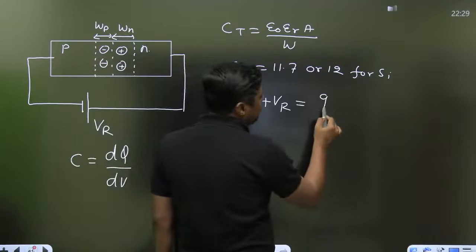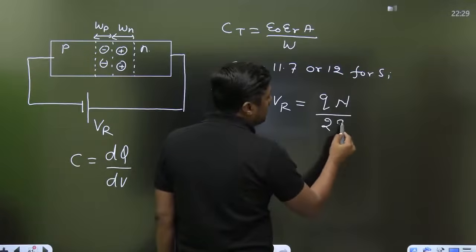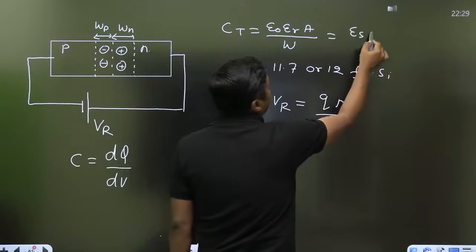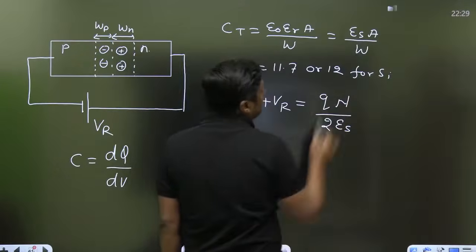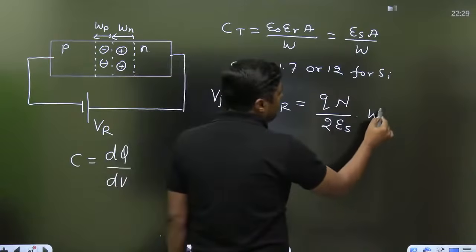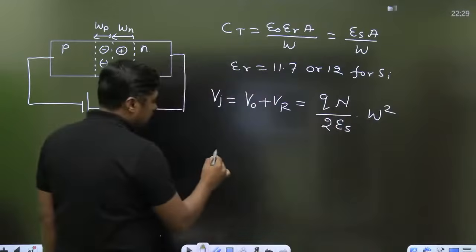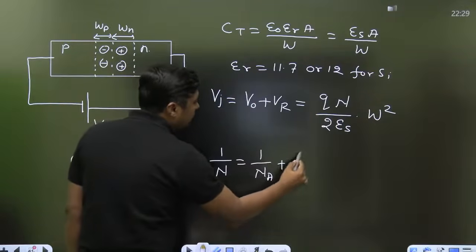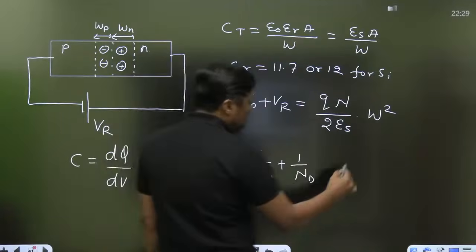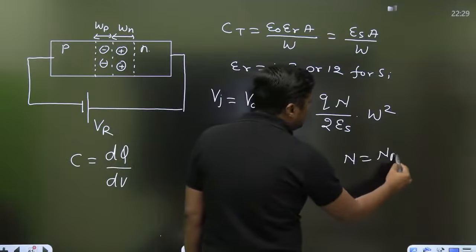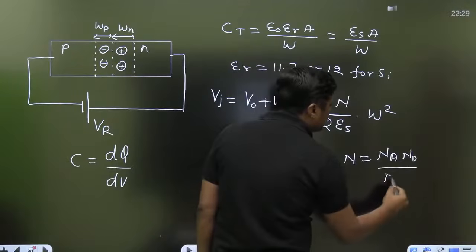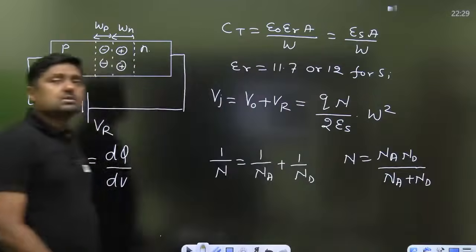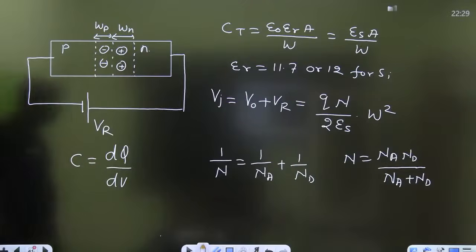It is given by q n by 2 epsilon s, where epsilon s means epsilon naught epsilon r, the permittivity of the semiconductor, into W square, where 1 by n is equal to 1 by Na plus 1 by Nd, or n is given by Na Nd upon Na plus Nd. That is the formula.